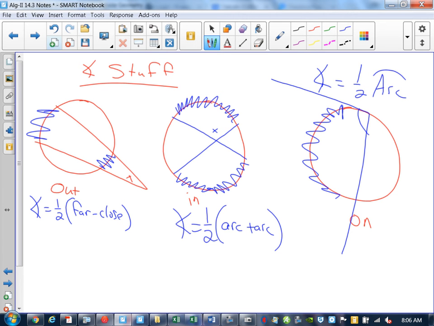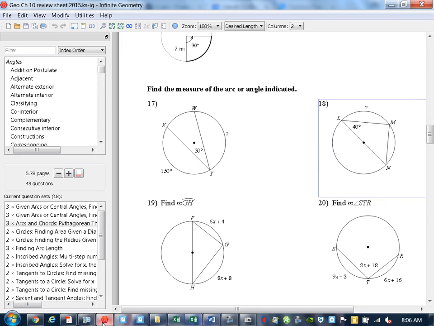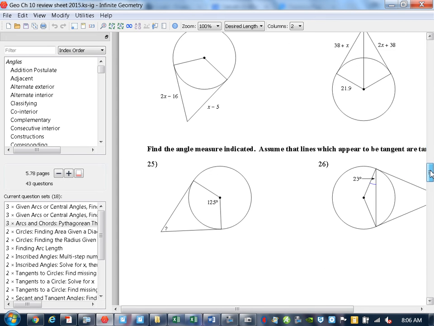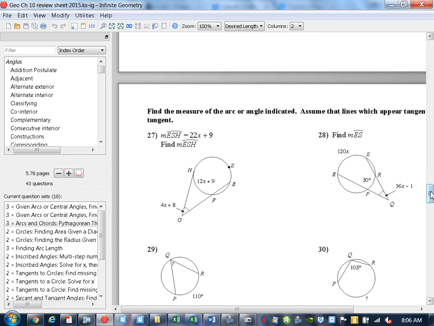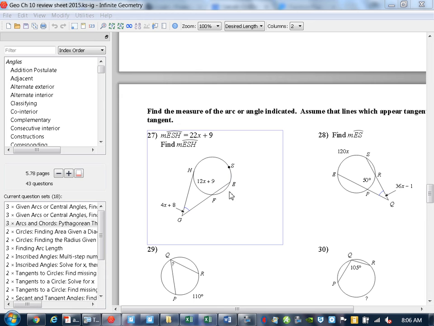And I think I made sure there was one of those on this packet. Actually, might as well look at that one real quick. I forget which one it was. Yeah, 27. Similar to what I'm thinking. If you look at 27.